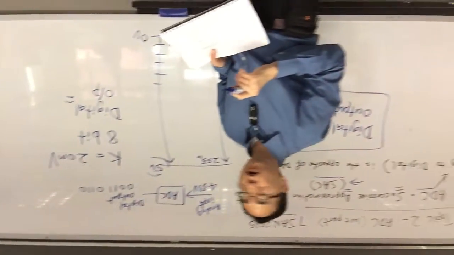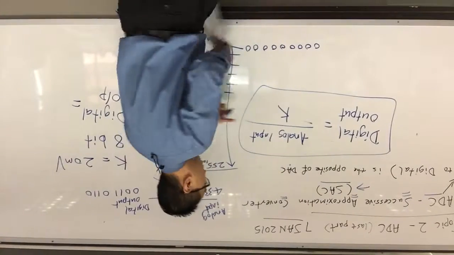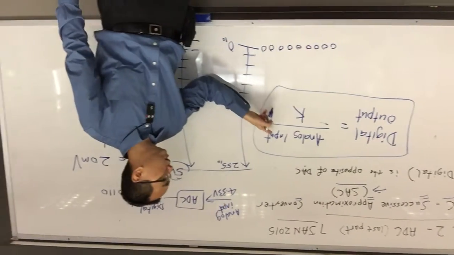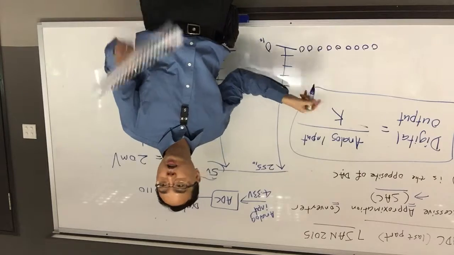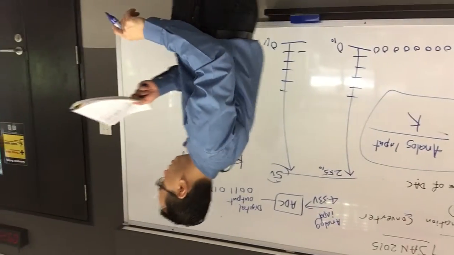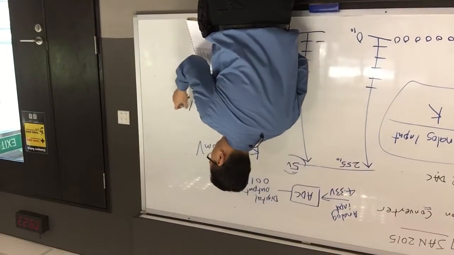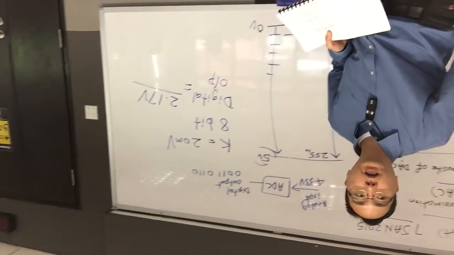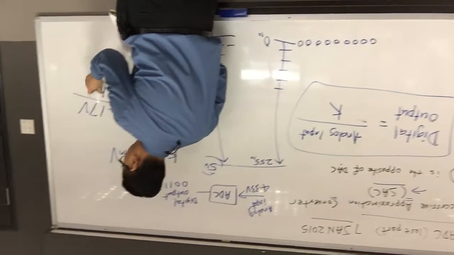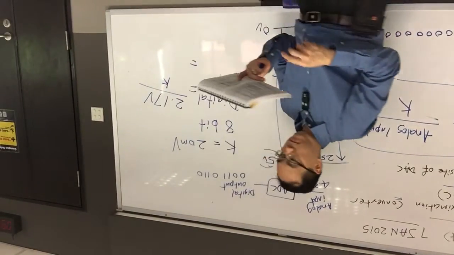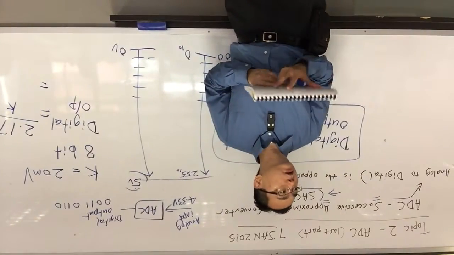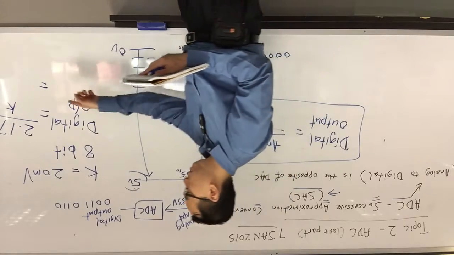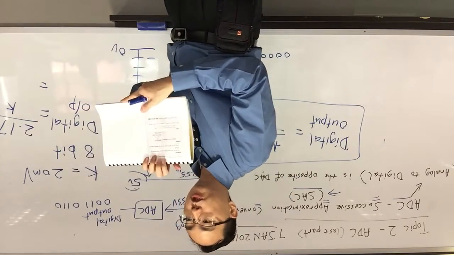For the digital output, based on this expression here, it's the analog input divided by K, right? So we are given the voltage, and we divide it by the K. You can look at your solution there.